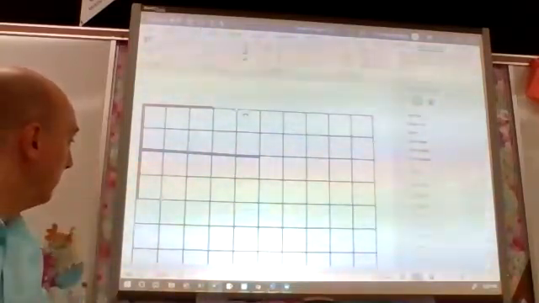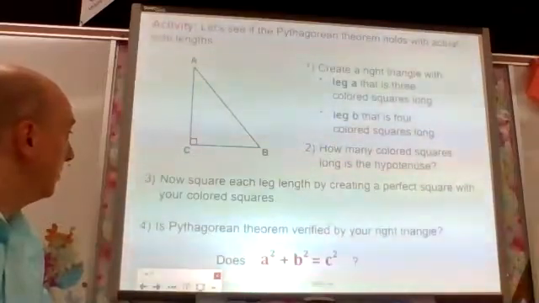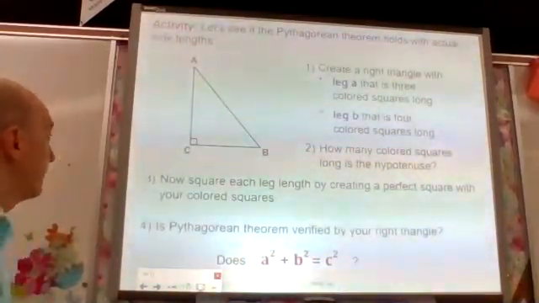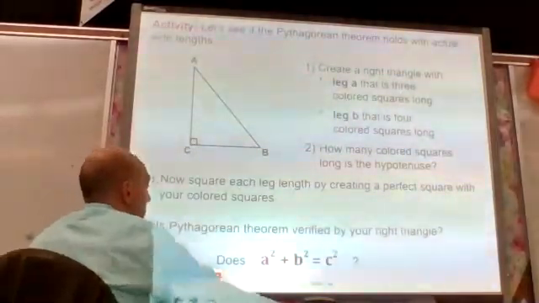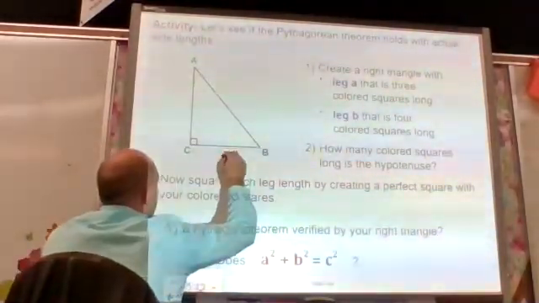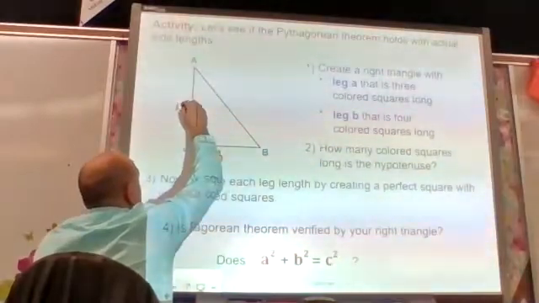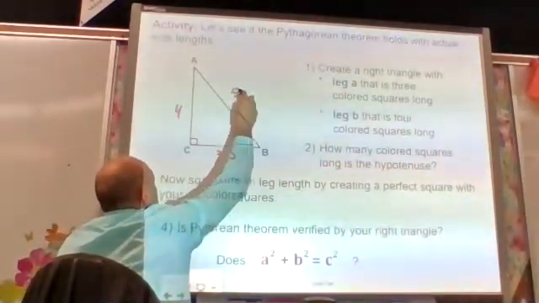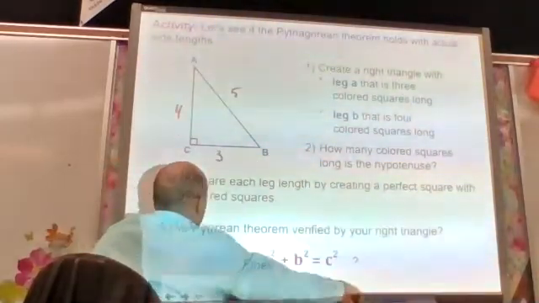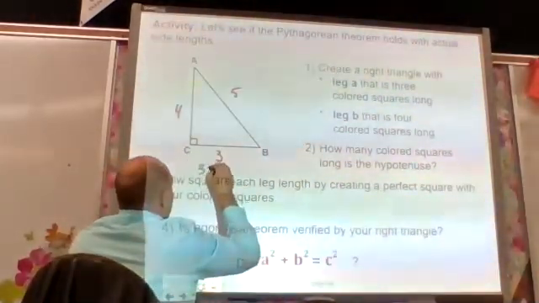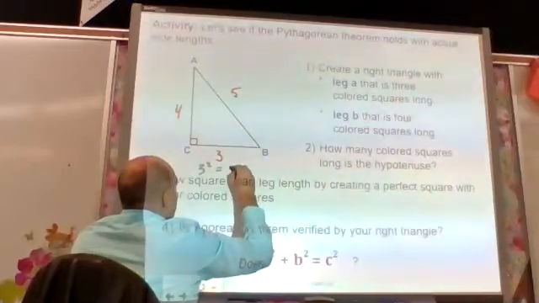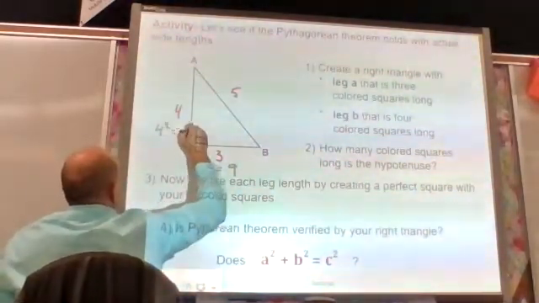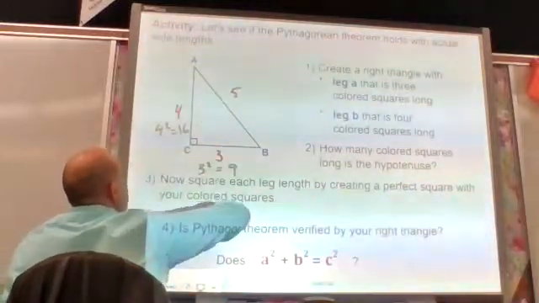Let's take a look back at our question. So what should it be according to the Pythagorean theorem? If we square each leg, if this is 3 and this is 4, and we discovered that the hypotenuse was 5: 3 squared equals 9. 4 squared equals 16.